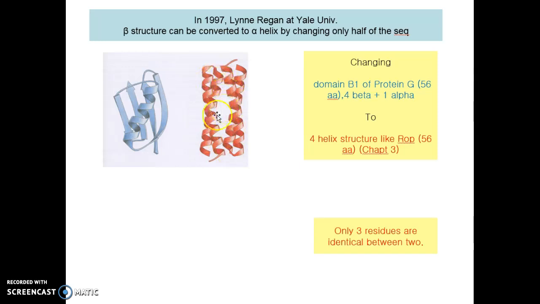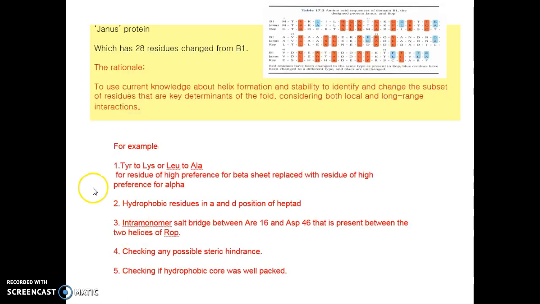The sequence identity between the two is only 3%, so they are virtually different sequences. The protein they achieved was named the Janus protein, which has 28 residues altered from the B1 domain.